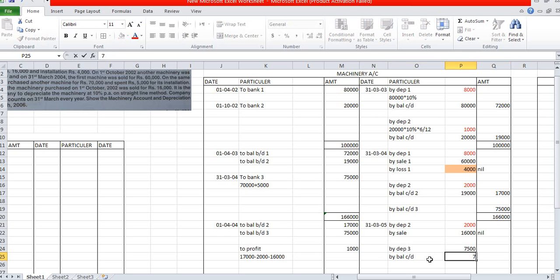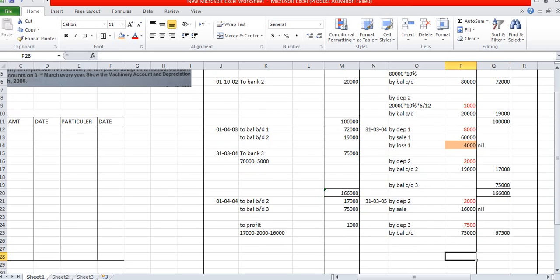Sorry, this is 75,000. Here you will get, after deducting 67,500, you will get. And this should be put in red because of the depreciation.